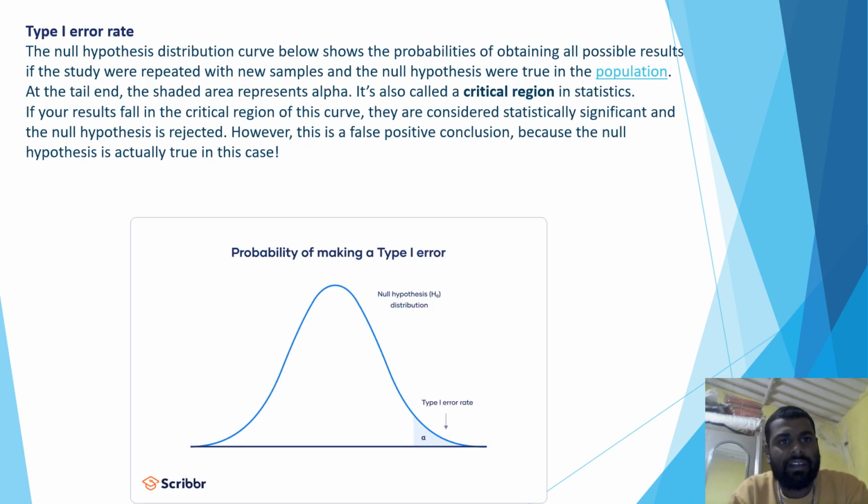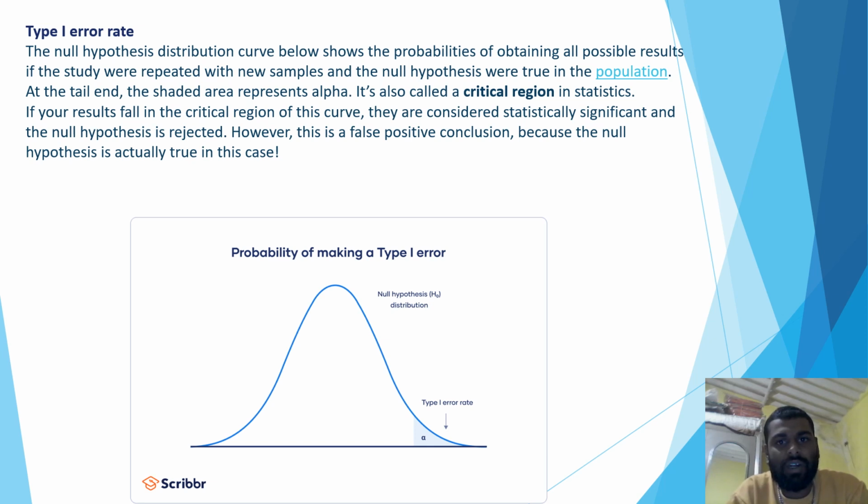Type 1 error rate. The null hypothesis distribution curve below shows the probability of obtaining all possible results if the study were repeated with new samples and the null hypothesis were true in the population. The tail and shaded area represent alpha.